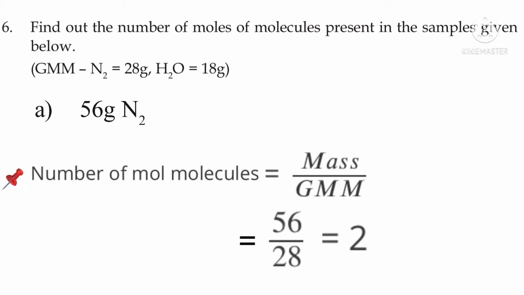Sixth question. Find out the number of moles of molecules present in the samples given below. GMM of N2 equal to 28 gram and that of H2O equal to 18 gram. A. 56 gram N2.